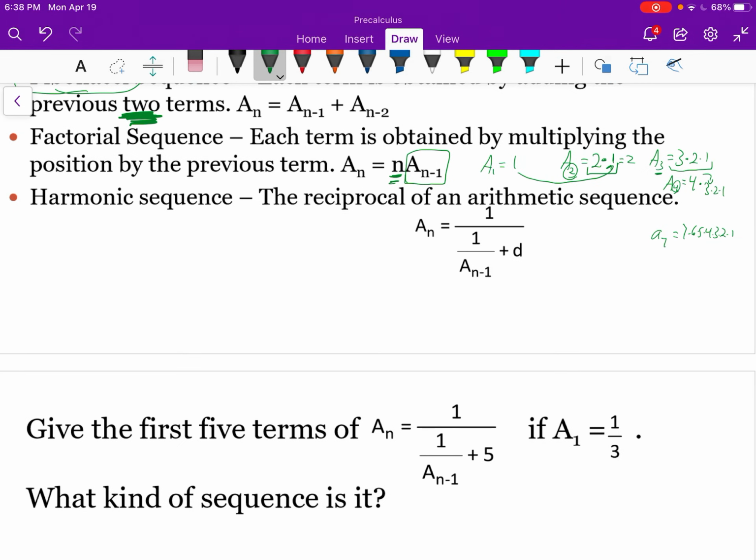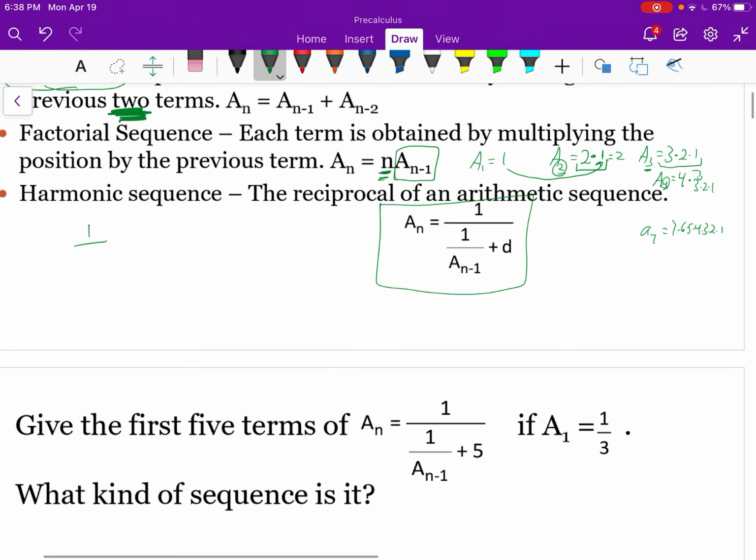And then the last one is a harmonic sequence, and that's the reciprocal of an arithmetic sequence. This formula looks a little funny, but it will give you a harmonic sequence. For an example, a harmonic sequence might be 1/2, 1/6, 1/10, 1/14. And notice I just keep adding 4 to the denominator.